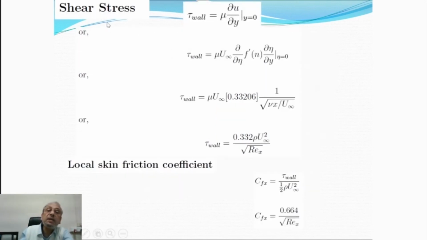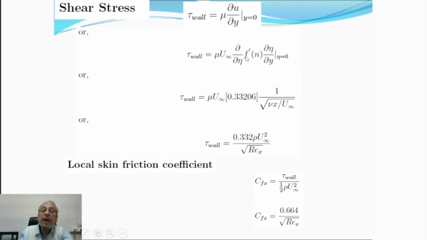Having found that, we can calculate shear stress. Shear stress is tau wall, which is mu del u del y at y equal to 0. So again we substitute u by u infinity, y as eta, and then we can write tau wall is mu u infinity del eta, where del u del y is nothing but f prime eta into del eta del y at eta equal to 0.